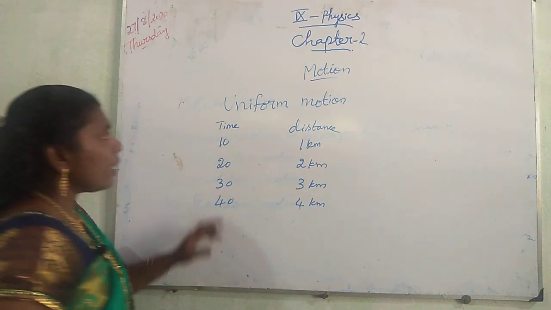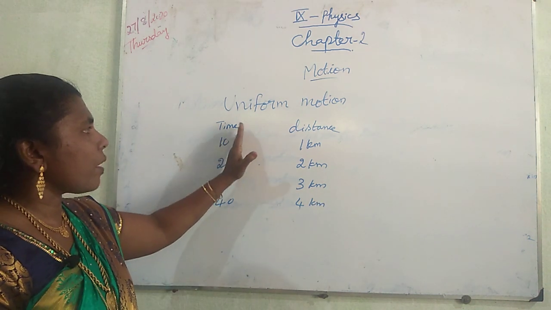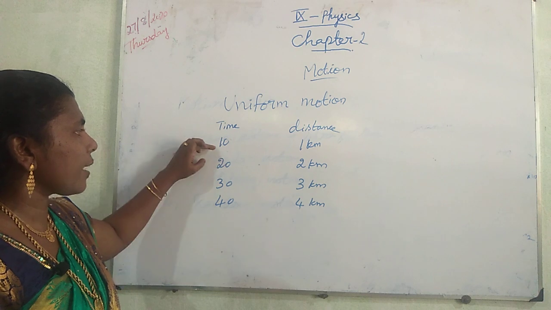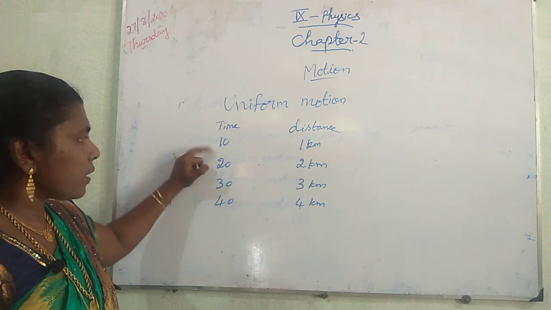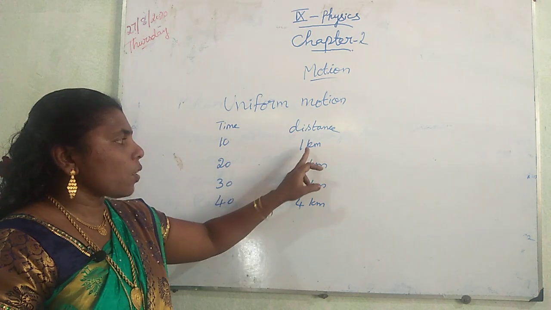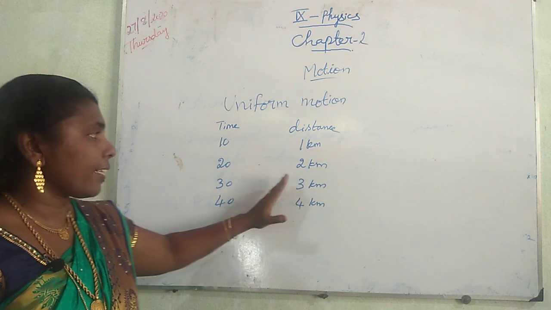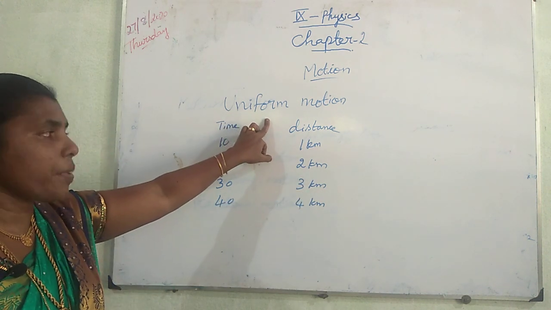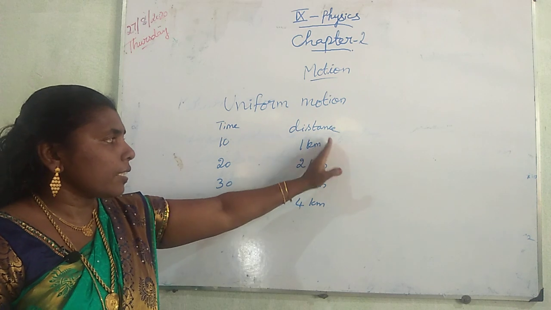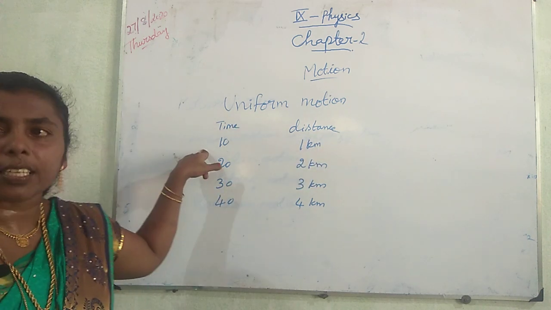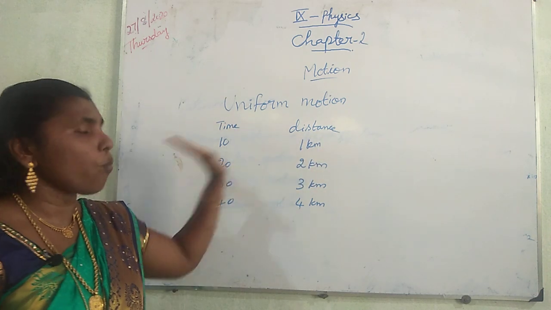Now listen here. Uniform means the time is also uniform. Time is increasing 10, 20, 30, 40 minutes, and distance is also increasing 1, 2, 3, 4. So uniform motion means equal distance in equal intervals of time.